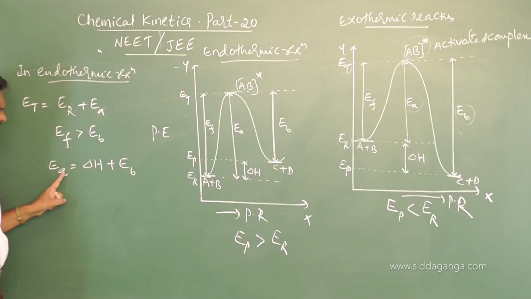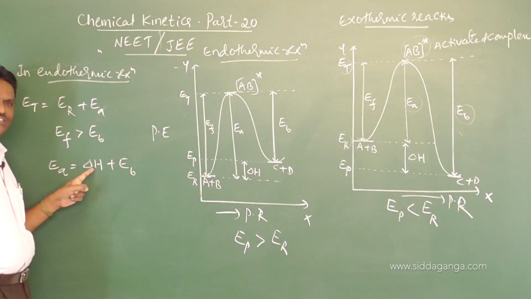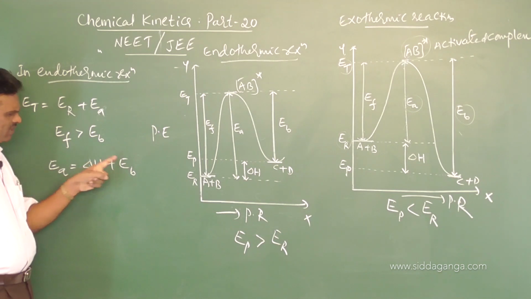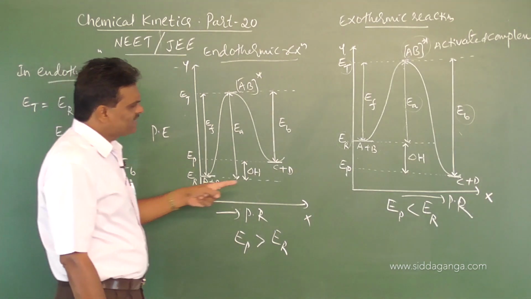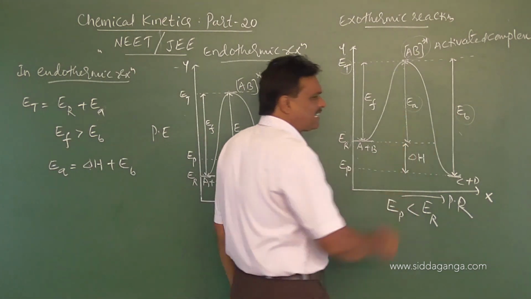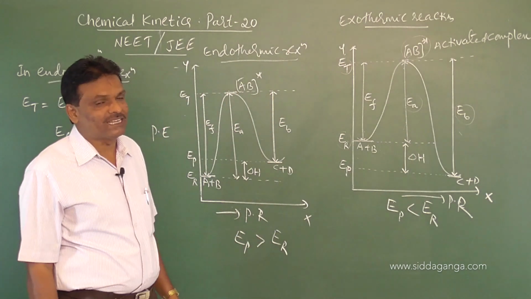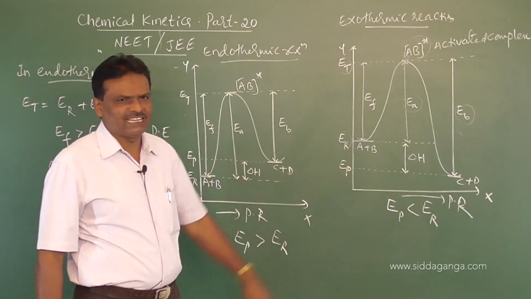The energy of activation in case of endothermic reactions is always greater than delta H, because you get it by adding a value to delta H. But in the other case, EA is equal to EB minus delta H, which means the energy of activation is less than the delta H value.